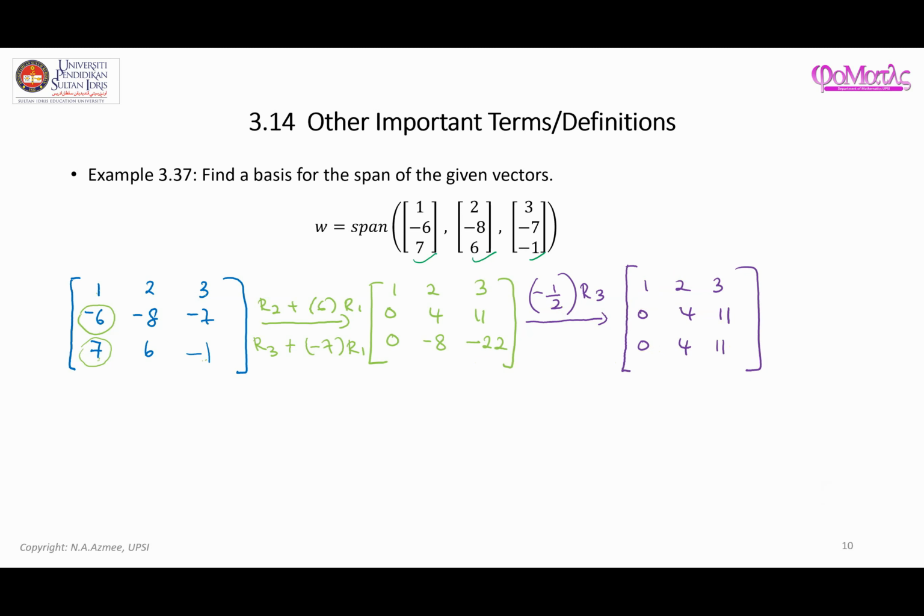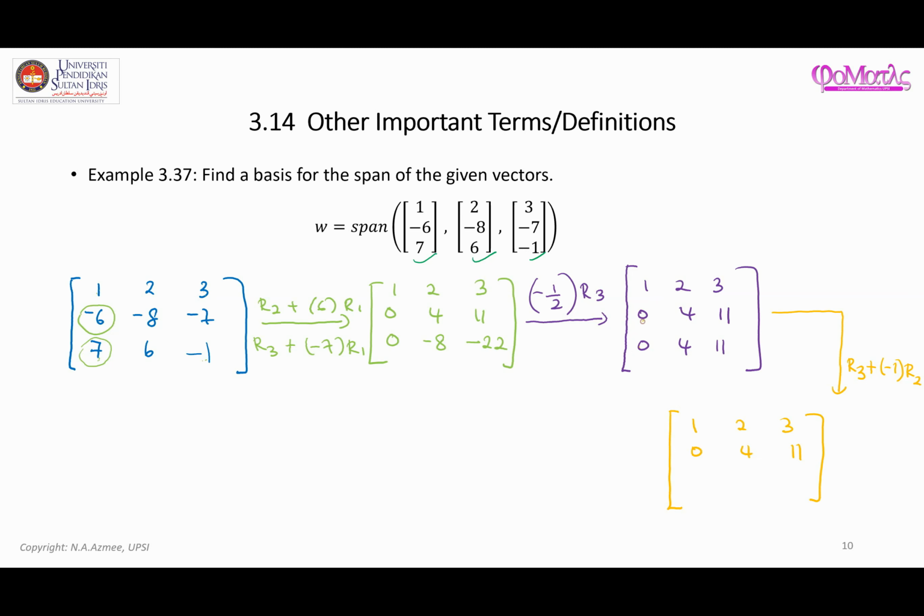Okay. Then I can consider getting rid of everything here to become 0. That can be achieved if I consider the third row plus negative 1 of the second row, and I will have this result: 0, 4, 11.